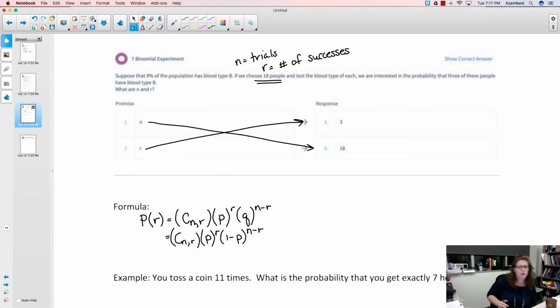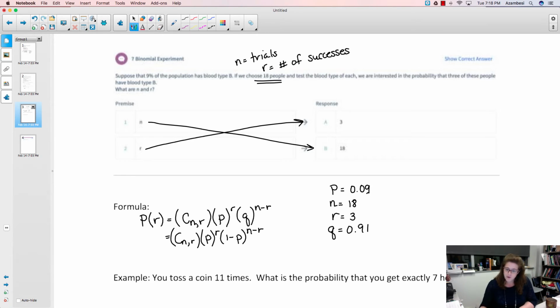If we're looking for the probability that we draw 3 people out of 18 that have blood type B, then P we've identified as 0.09, N as 18, and R as 3. We've already calculated Q, which is 0.91.